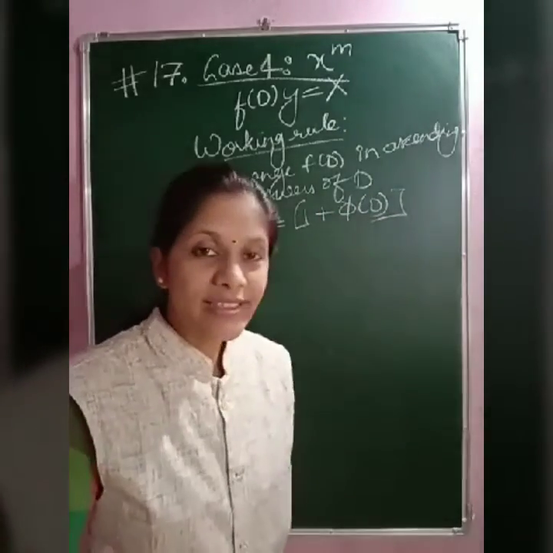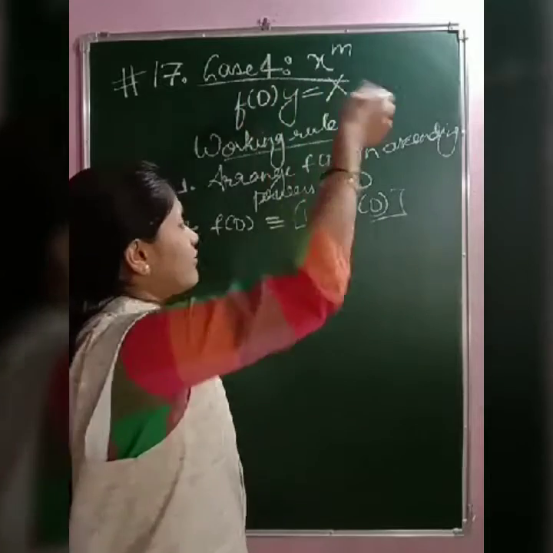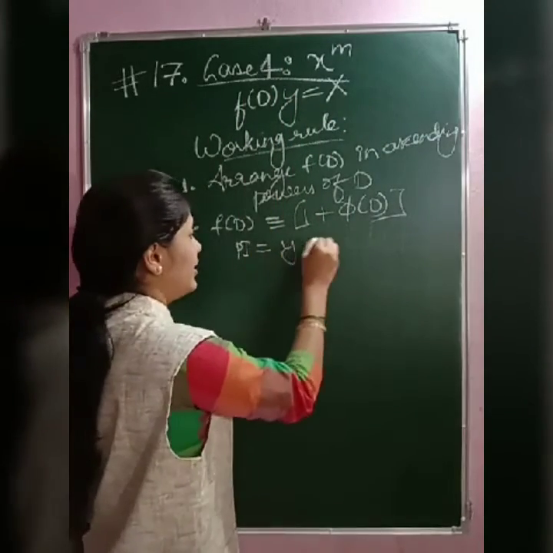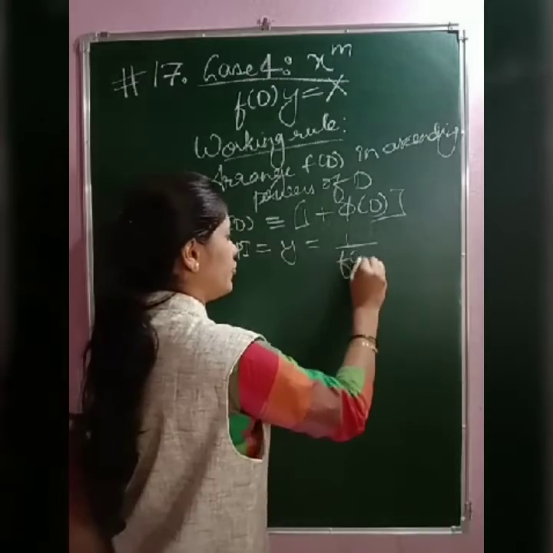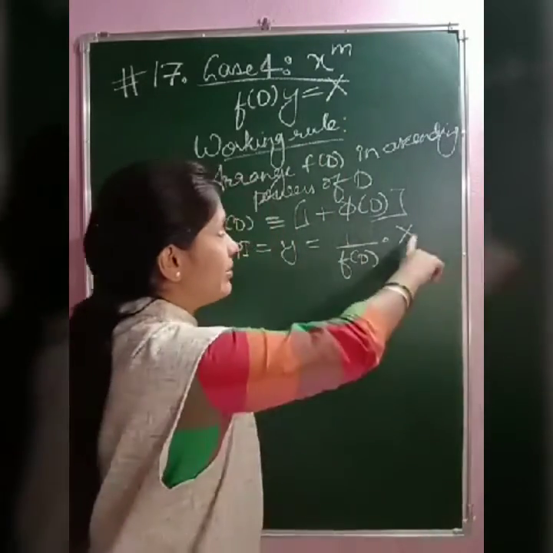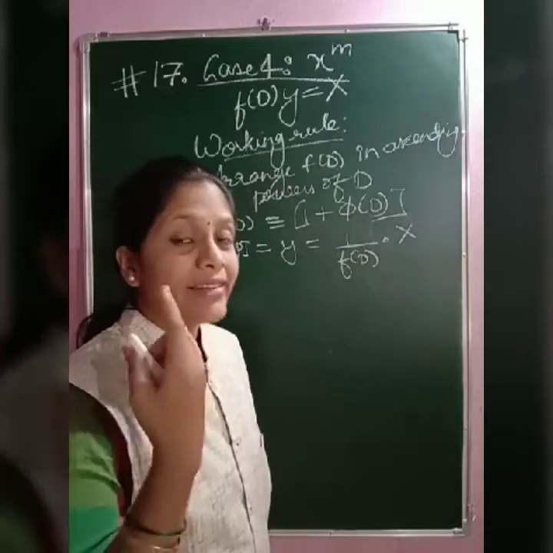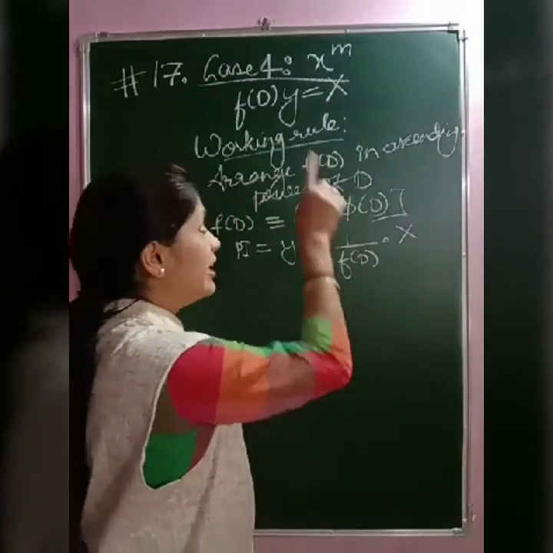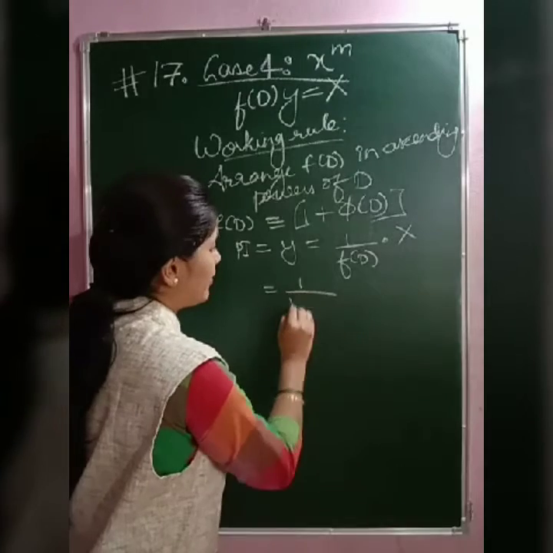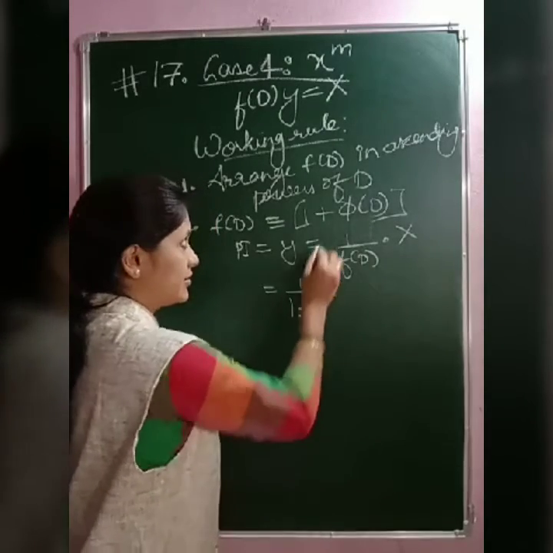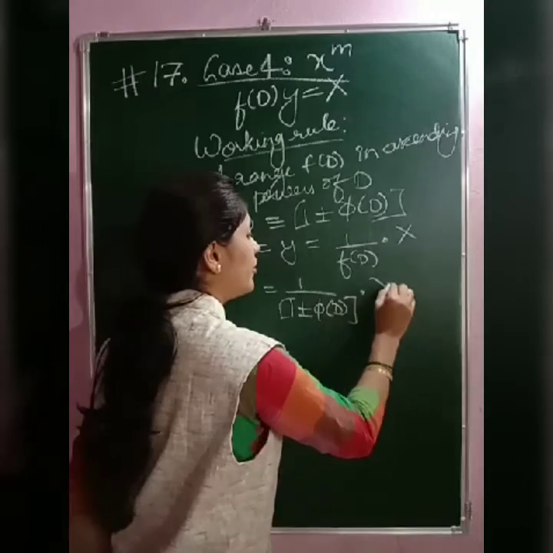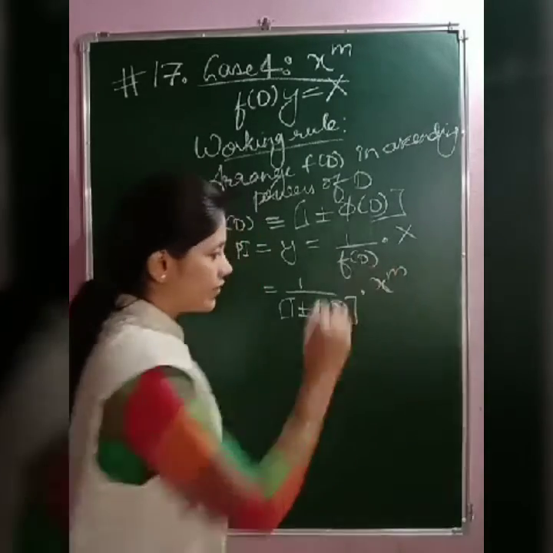Right? So already we know f(D)y equal to capital X. PI is given as nothing but y equal to 1 upon f(D) of X. So now for this case capital X is x raised to m, and we arrange f of D in ascending powers of D, and then in this form, that is 1 by 1 plus or minus phi of D form of x raised to m.